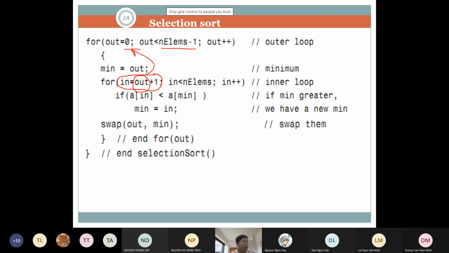Because we try to find a min. Yeah, sorted, and what happened? If it's sorted, what happened? Let's say I have some random array. After the first iteration, of course, we compare, we say min equals out, the first, 0 here.